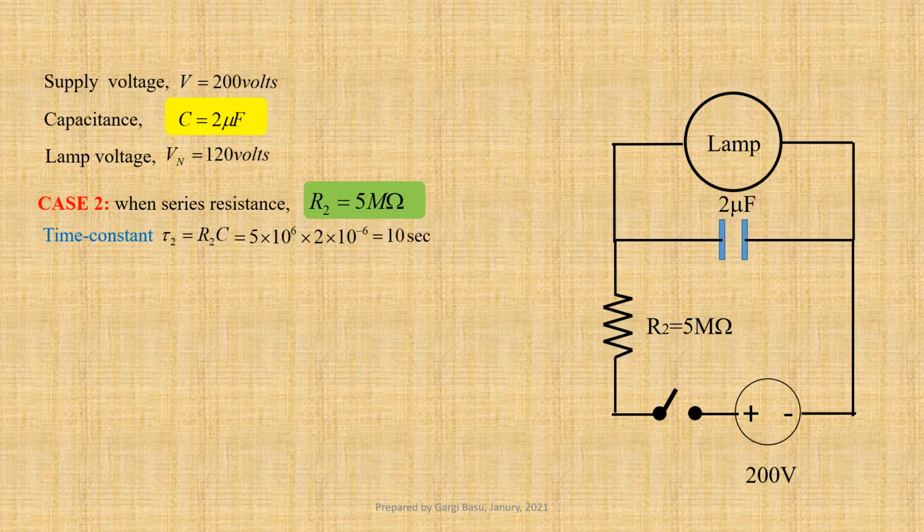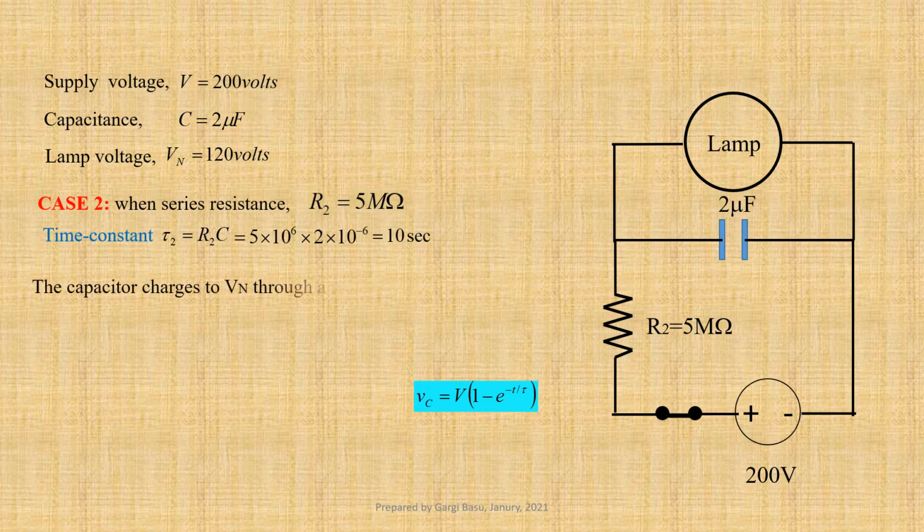When a capacitor charges through a resistor at any instant t, capacitor voltage Vc equals V into 1 minus e to the power minus t by tau. Here the capacitor charges to Vn through a resistor R2 at instant t2.